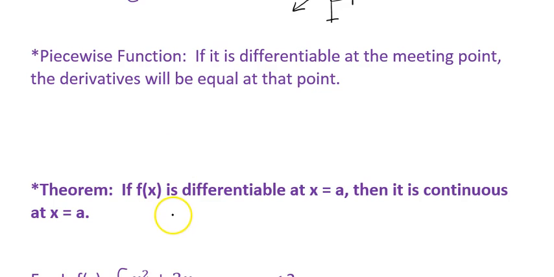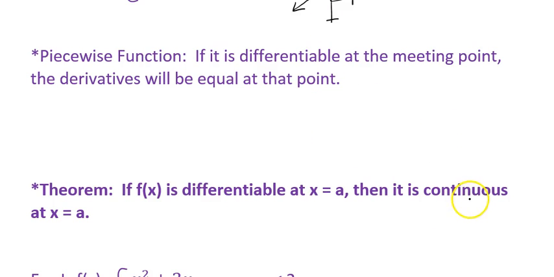Now we have a really important theorem that I put in bold because this one does come up and you will have to use it sometimes as a reasoning, possibly on the AP exam. It is: if a function is differentiable at a point, then it's continuous at that point. I just think if it's differentiable, then it's continuous. And it doesn't work backwards. The one we just did is a prime example of that.